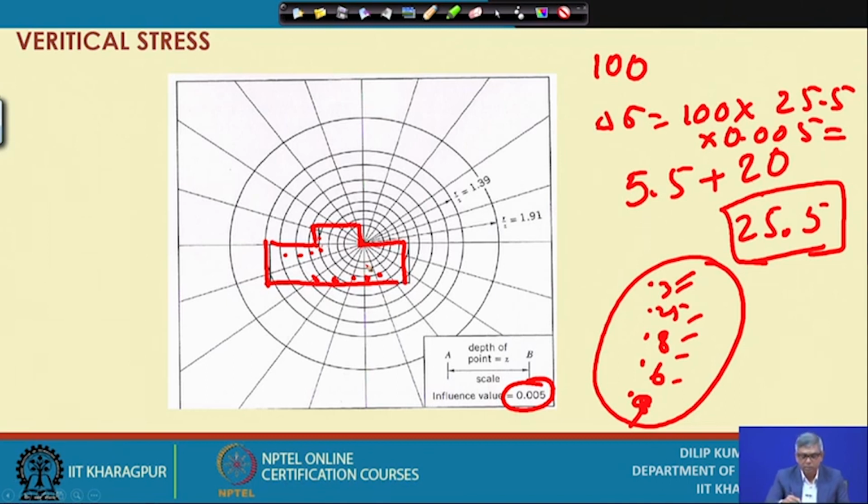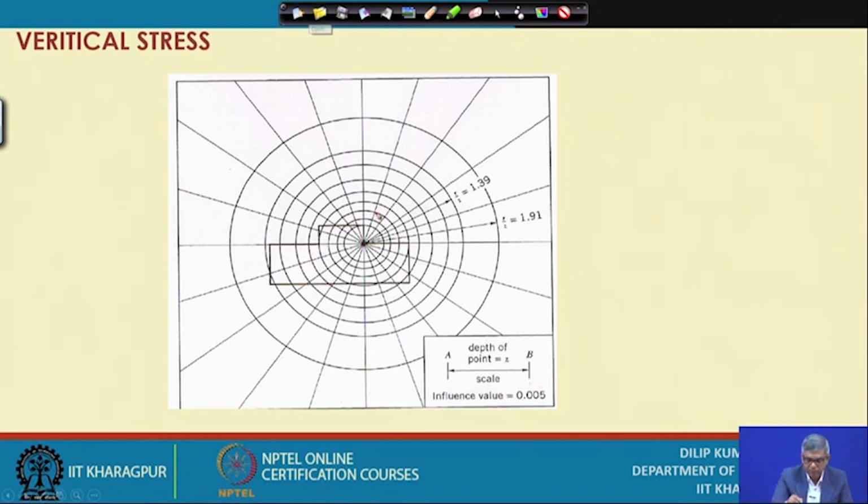Now sometimes the question may arise: if I keep this point here, but I put the foundation the other way, suppose this way I am putting, and it will cover.